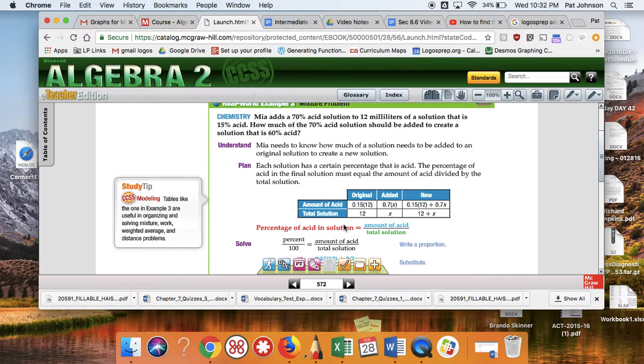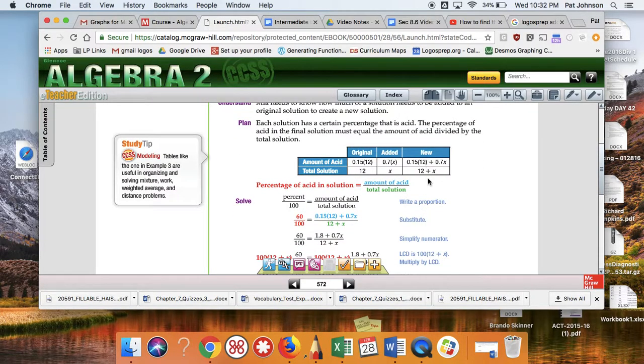Then our solution is going to be what? 12 milliliters plus X milliliters of solution, which equals 12 plus X. So this is our numerator. Remember, when we want to find the percentage of acid in a solution, it's the amount of acid divided by the total solution. So we can say percent over 100 equals amount of acid over total solution.